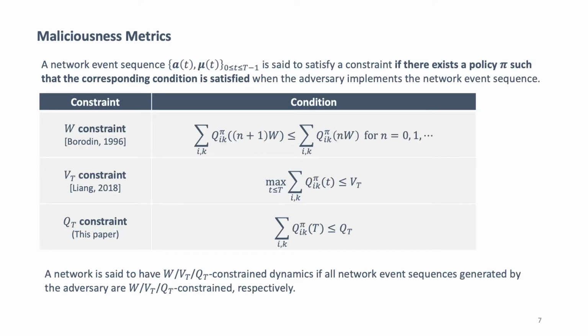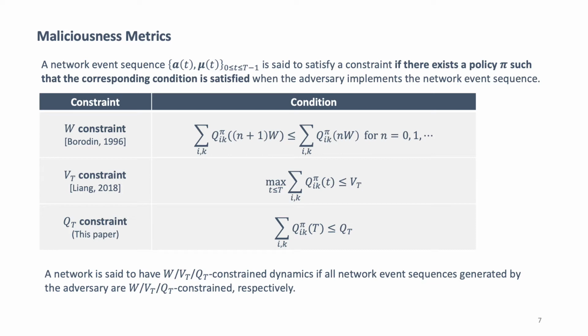We then introduce the maliciousness matrix to characterize the behavior of the malicious nodes. A network event sequence is said to satisfy a constraint if there exists a policy such that some specific conditions are satisfied when the adversary implements the network event sequence.